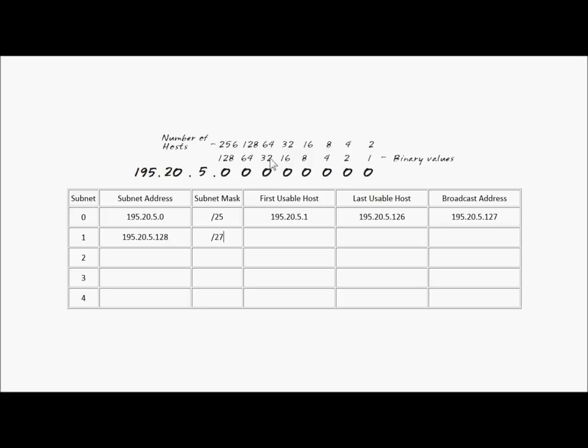The binary value for this bit is 32, so we're going to add 32 to 128 for a total of 160, which gives you the broadcast address for subnet 1, which is 1 less than the subnet address for subnet 2, which gives you your last usable host and your first usable host.